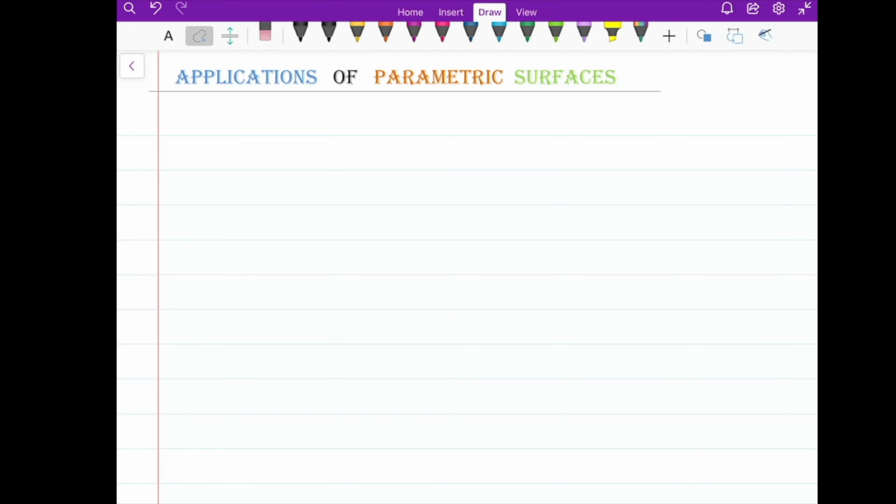This lecture is part of an online course of multivariable calculus, and I'm going to talk about applications of parametric surfaces. So if we have a general surface in R3, we say that it's a parametric surface if we can parameterize it using two parameters, u and v, and we say that it's a vector function with the coordinates x, y, and then z.